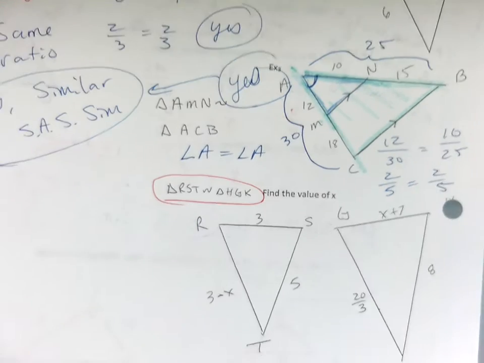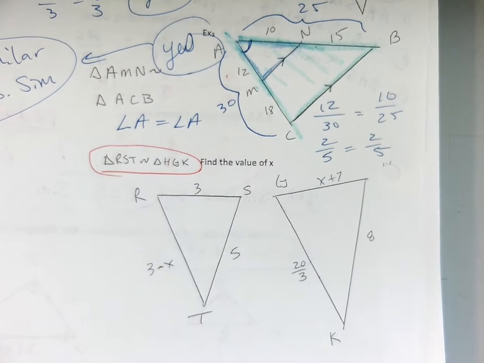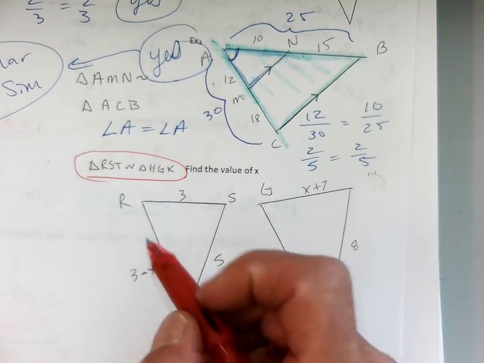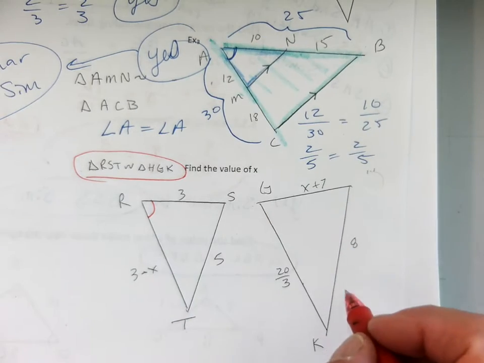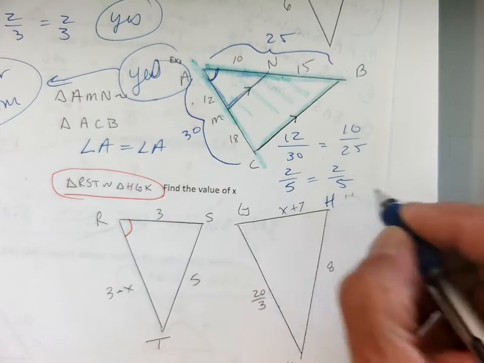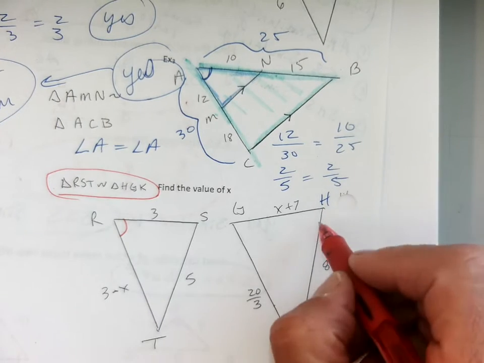Okay, now last but not least, I've got to be careful. R goes to H. That must be H. H must have gotten hole punched out, okay?